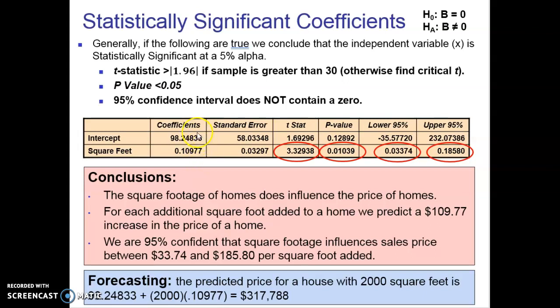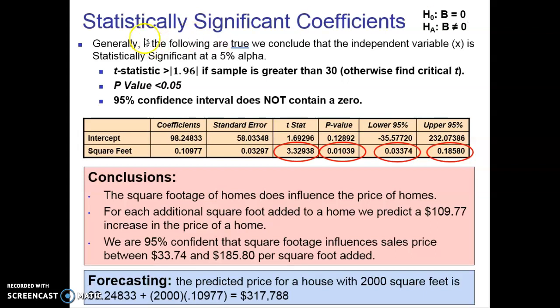If you take a sample and get coefficients that cause you to not reject the null hypothesis, then your sample coefficients are supporting the idea that there's no relationship between square footage and home prices. Researchers don't like to collect data and find out that they have no relationship to explain.